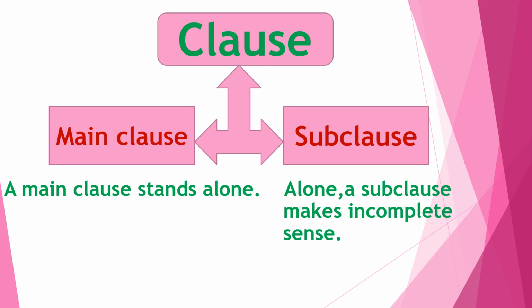In a main clause, we find a subject and a main verb, whereas a subclause alone makes incomplete sense. It means a subclause cannot be a separate sentence. A subclause always depends on the main clause.